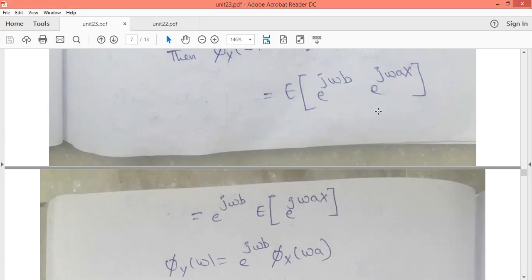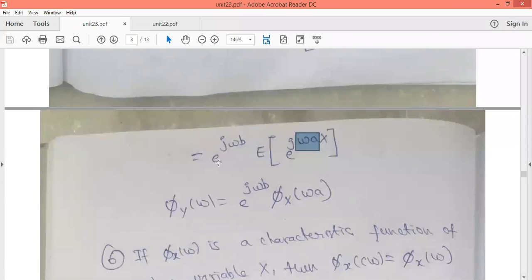Expectation is applied to only the second term. If you observe the second term, in the place of omega, we have omega a. That is why phi y of omega can be written as e power j omega b phi x of omega a.